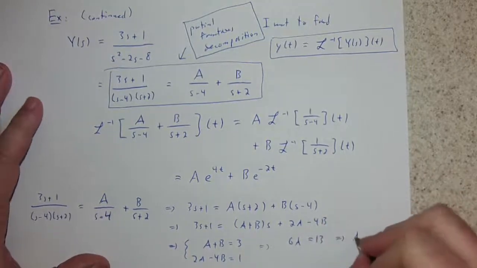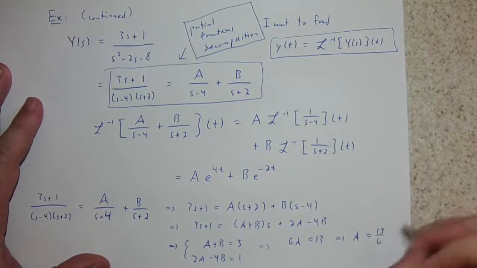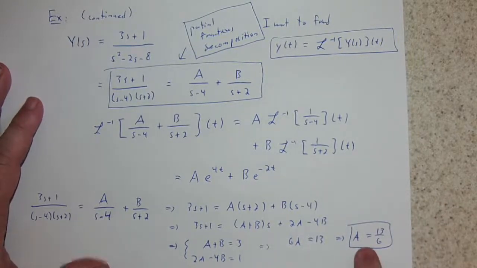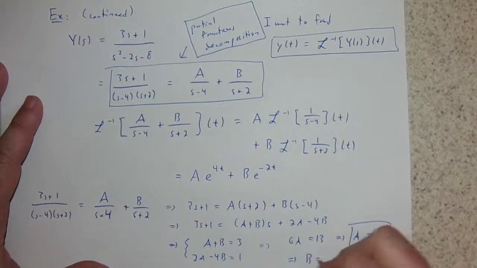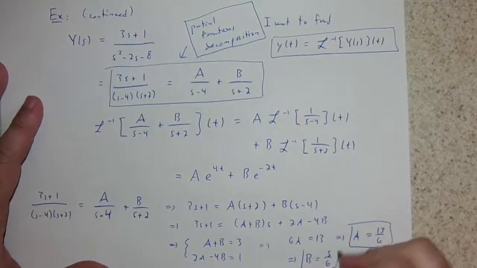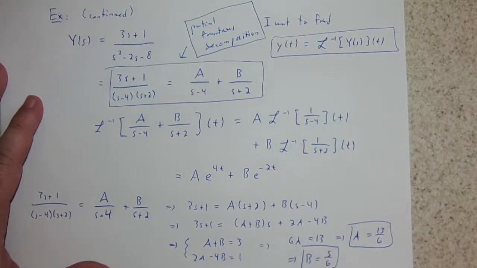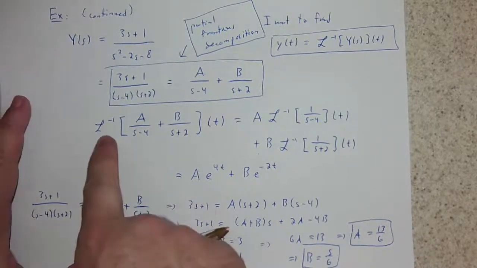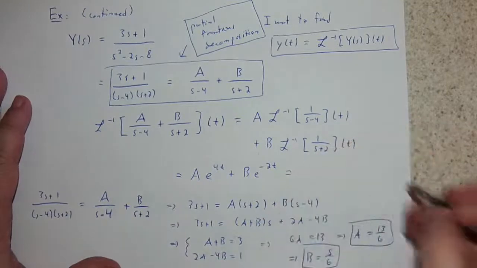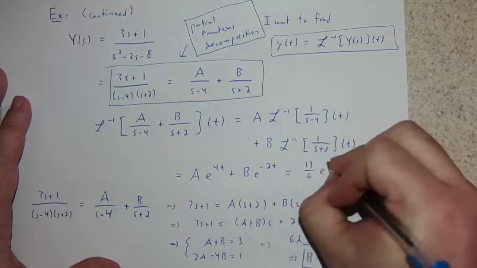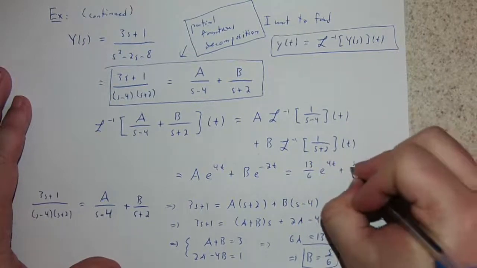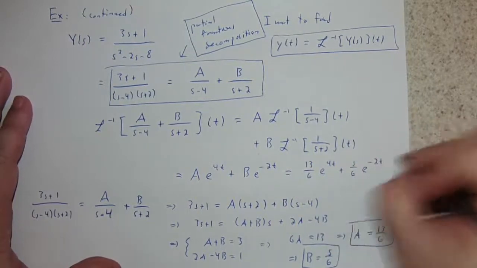So a is equal to 13/6. Well, if a is equal to 13/6 and a plus b is equal to 3, then b needs to be 5/6, so that this is 18/6. So b is equal to 5/6. And so it turns out our inverse Laplace transform is 13/6 e to the 4t plus 5/6 e to the minus 2t.